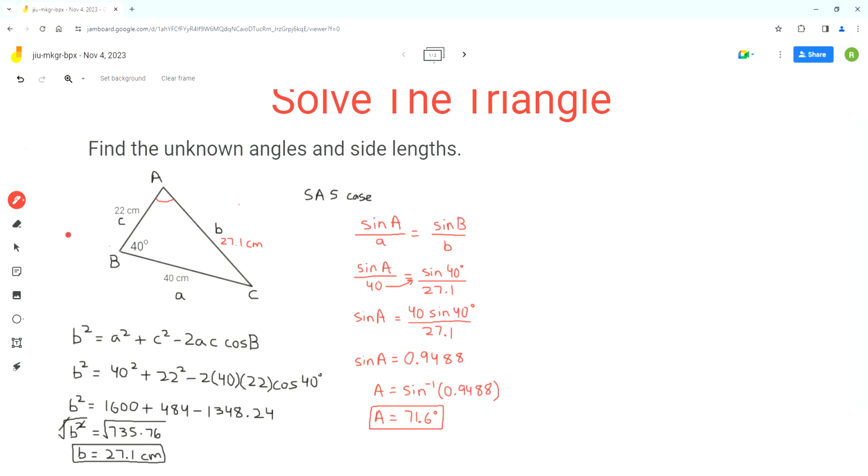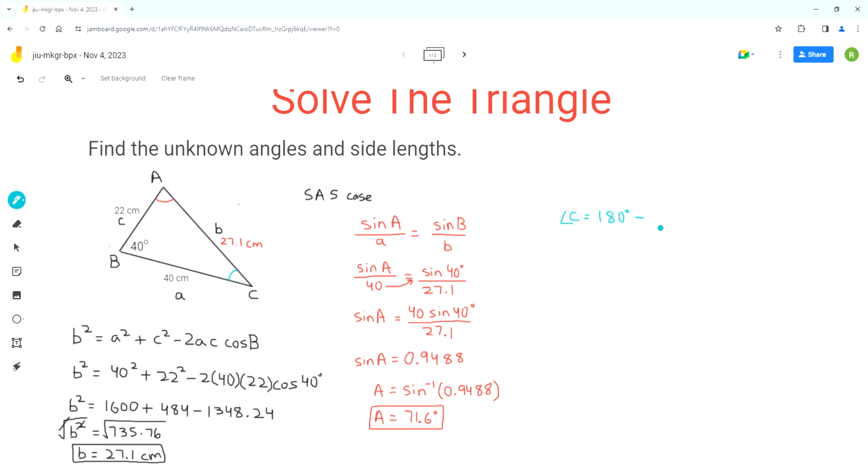Now we can find angle C. So that's the only unknown value left to solve in this triangle. So for angle C, we can use the concept that the sum of all angles in a triangle is 180 degrees. So for angle C, we can do the calculation of subtracting the two known angles from 180 degrees.